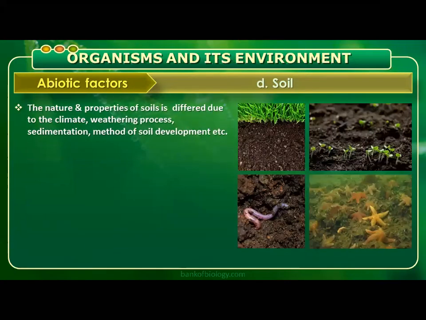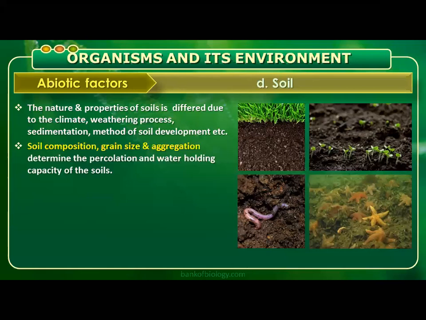Next, soil. The nature and properties of soil differ due to climate, weathering process, sedimentation, and method of soil development. This is very important to remember. Soil composition, grain size, and aggregation determine the percolation and water holding capacity of the soil.